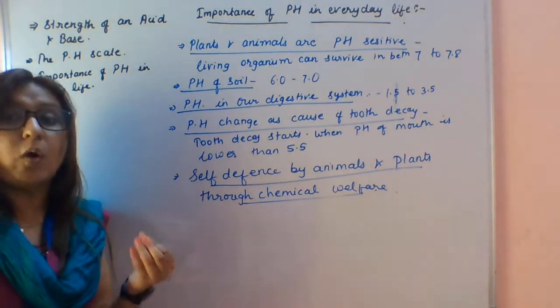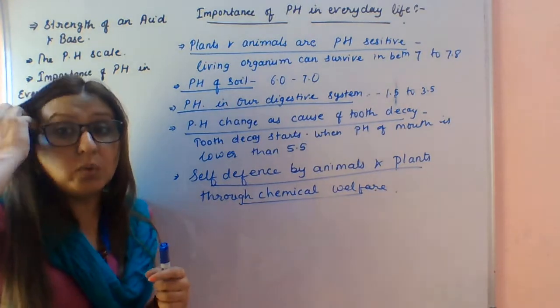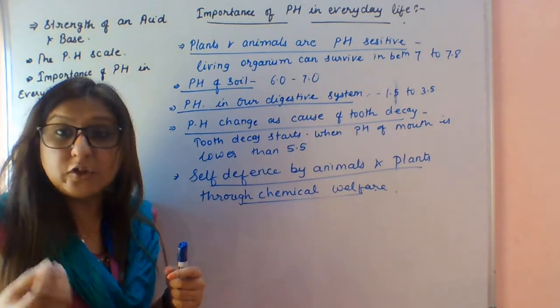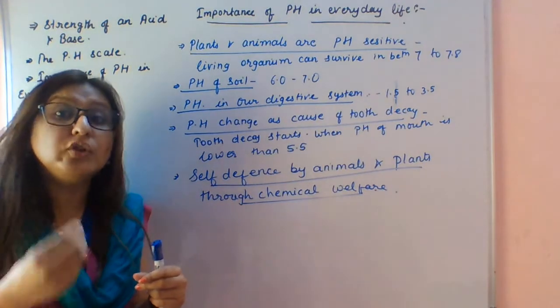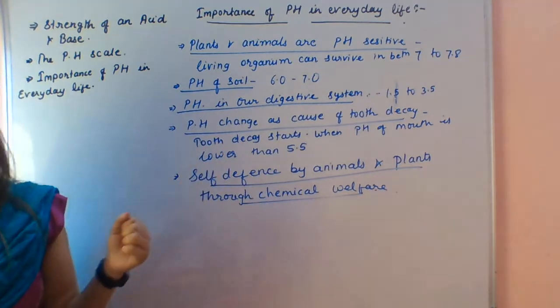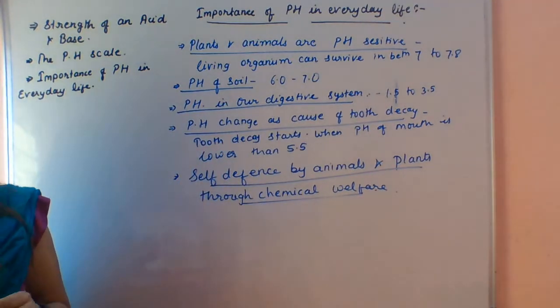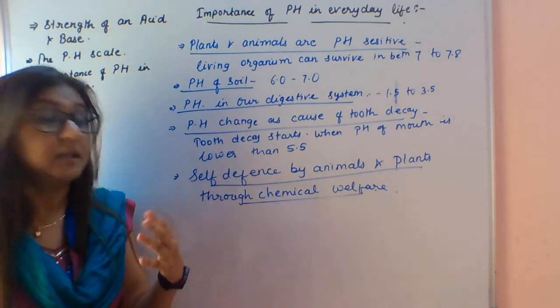When you are feeling acidity in your stomach, you often take antacids, or you take Eno. Why are we taking antacids? Because they neutralize the acidic medium produced due to this HCl. So the antacid neutralizes the excessive acid.